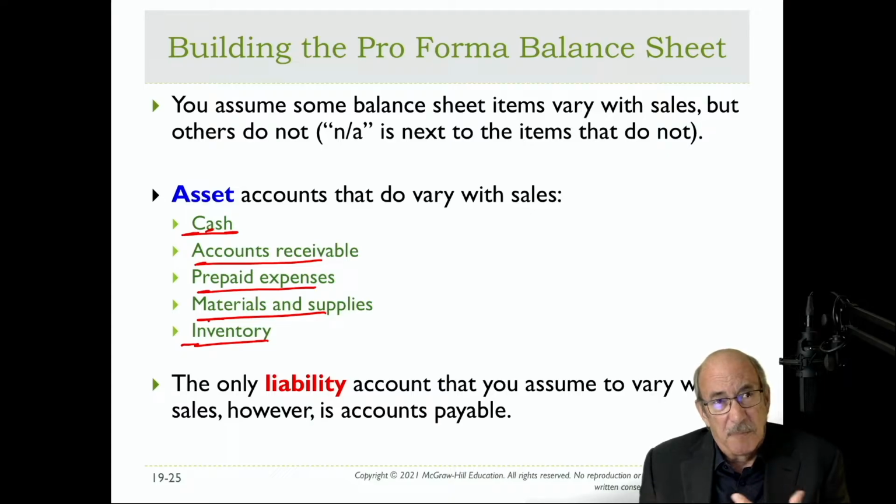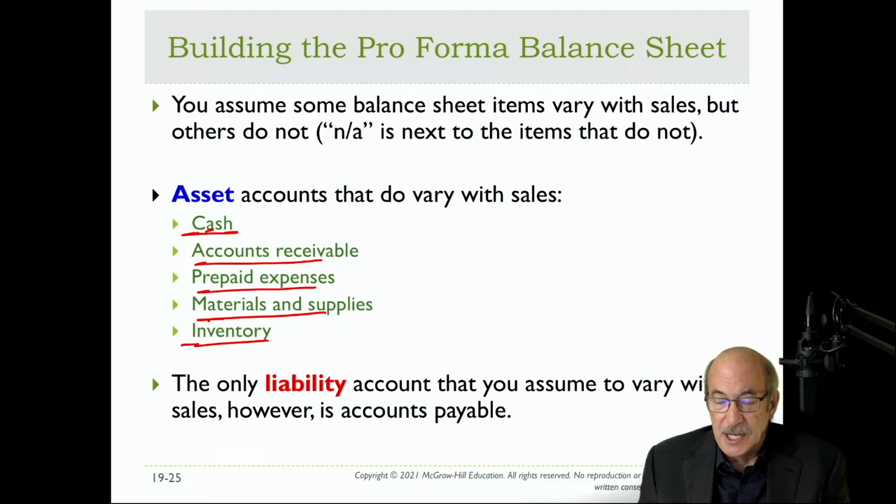You'll have to decide, depending upon capacity and any fixed asset expansion the company is planning, whether those accounts need to change, and by how much. That may not be directly related to sales. It may be more of a step function.